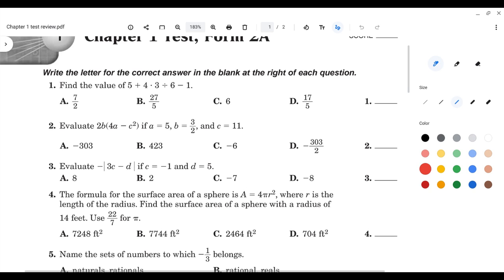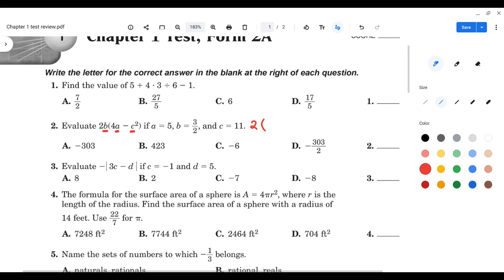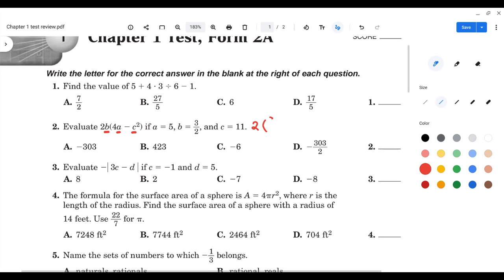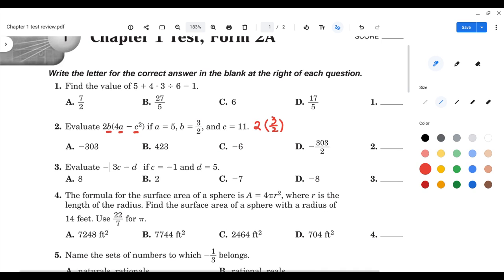So we have B, A, and C. What you need to do is replace exactly the letter with the number, and with parentheses, 3 over 2. Replace A with parentheses, 3 over 2.